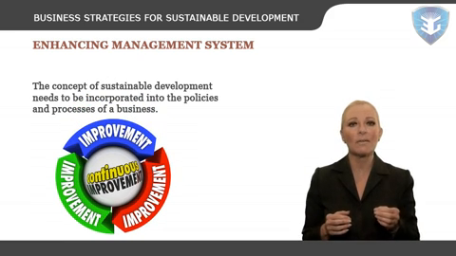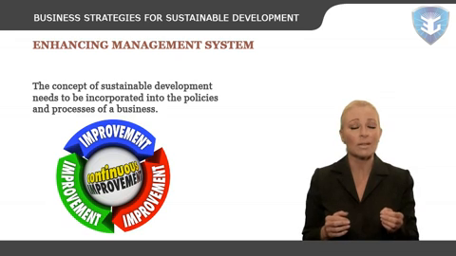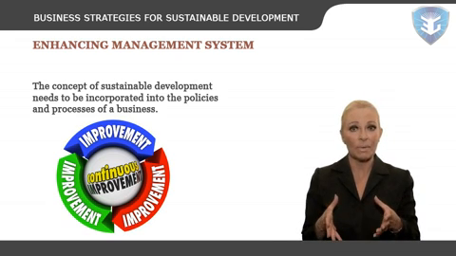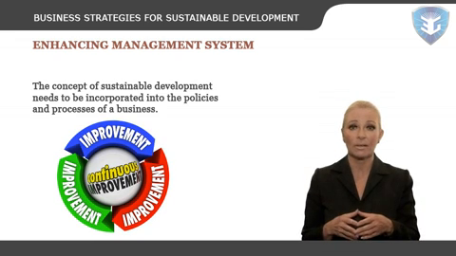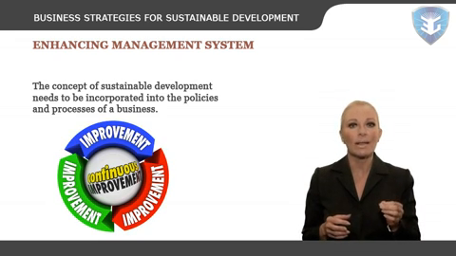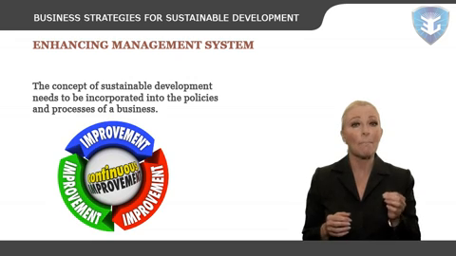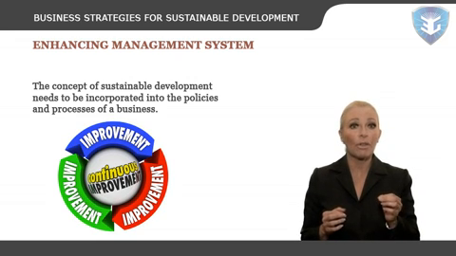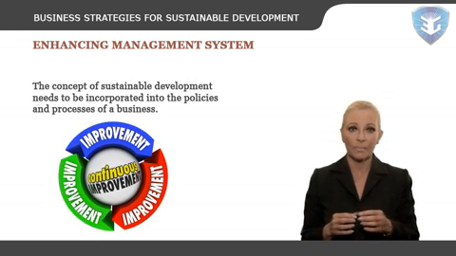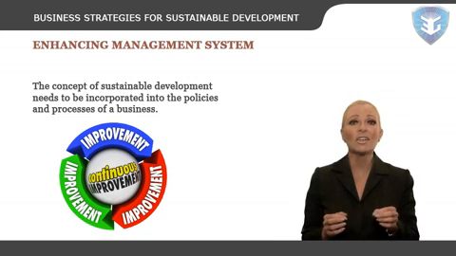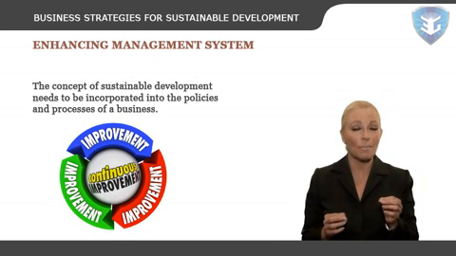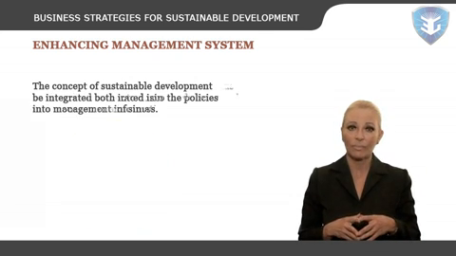The concept of sustainable development needs to be incorporated into the policies and processes of a business if it is to follow sustainable development principles. The two main areas of the management system that must be changed are those concerned with greater accountability to non-traditional stakeholders and continuous improvement of reporting practices.